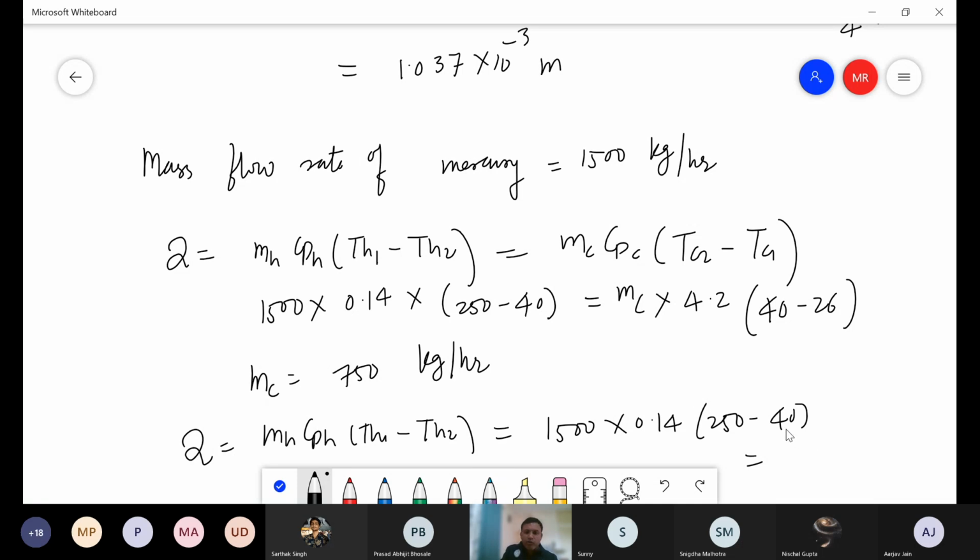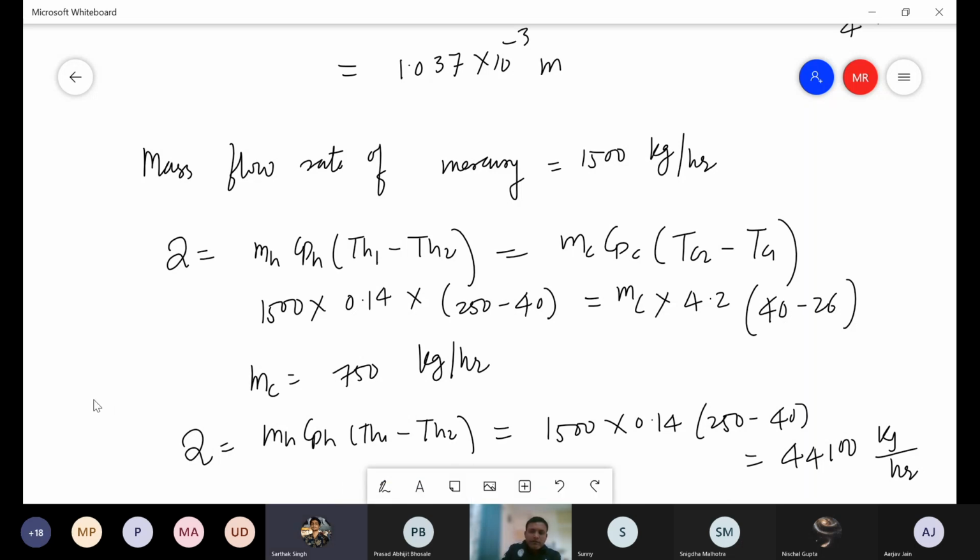If I calculate 1500 into 0.14 into 250 minus 40, this comes out to be 44100 kilojoule per hour. Is it correct?